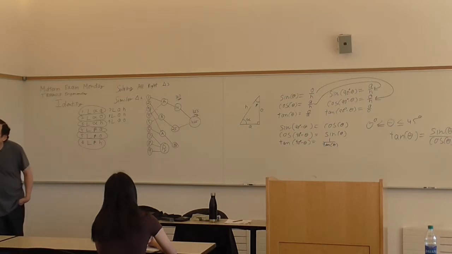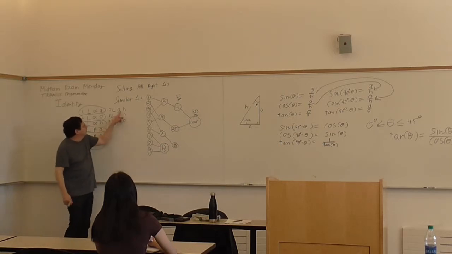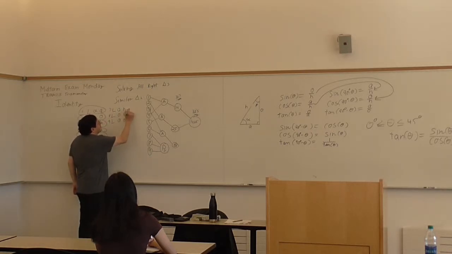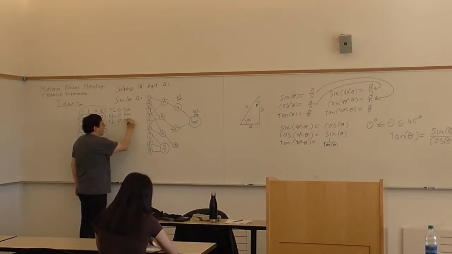Yes? Is that Pythagorean? I'm going to use the Pythagorean theorem. The Pythagorean theorem is going to let me take the hypotenuse and the adjacent and get the opposite. It's going to let me take the opposite and hypotenuse and get the adjacent. And it's going to let me take the adjacent and the opposite and get the hypotenuse.